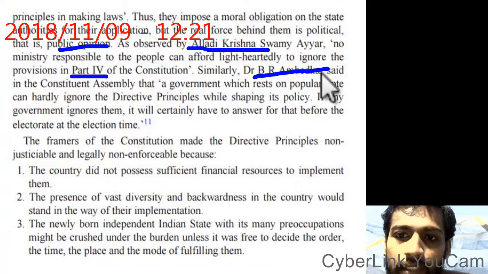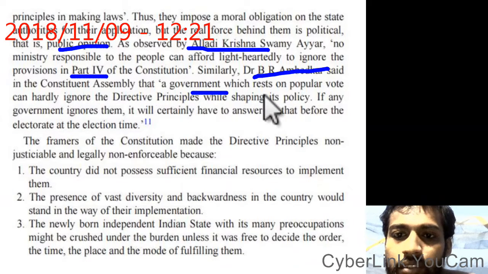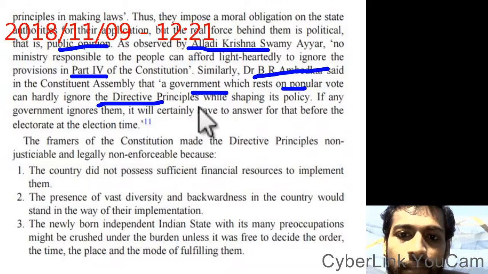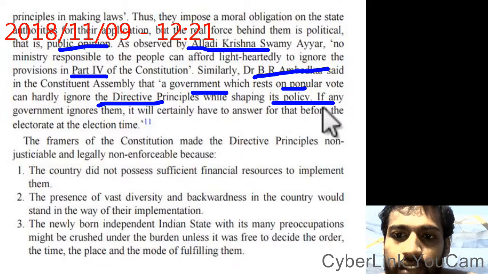Similarly, Dr. B.R. Ambedkar said in the Constituent Assembly that a government which rests on popular vote can hardly ignore the directive principles while shaping its policy.